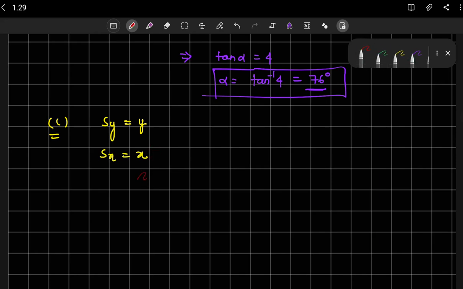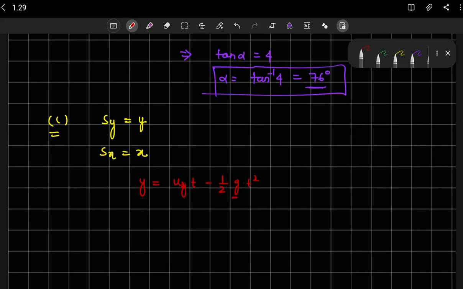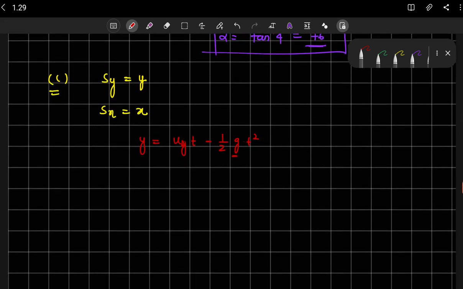Now let us write the y direction displacement: y is equal to initial velocity in the y direction into t minus half into g into t square, as the acceleration is in the negative y direction. And x we can write as initial velocity in the x direction into t.